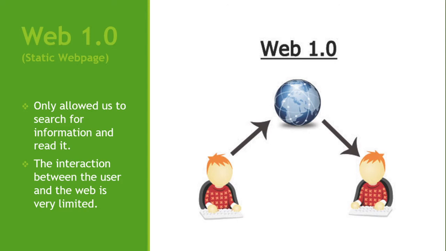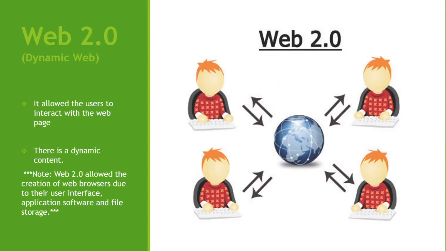Now, as time goes by, nakapag-improve na po si technology and nagkaroon po tayo ng Web 2.0. This one allows users to interact with the web pages. There is dynamic content towards it. Now, take note of this. Web 2.0 allowed the creation of web browsers due to their user interfaces, application software, and file storage.